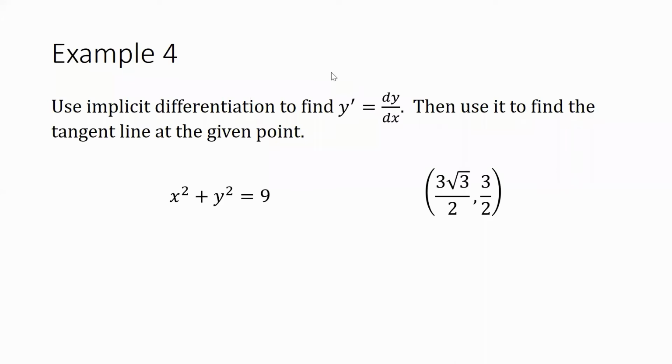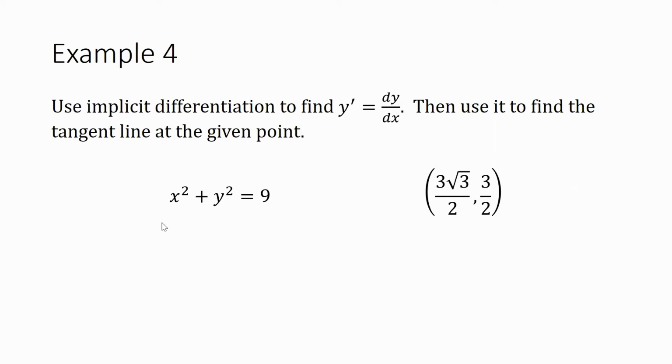In the previous videos, we used implicit differentiation to find the y prime, that is the change in y over the change in x. So the instantaneous rate of change. Well, in the next couple of problems, we're going to use the derivative to find the tangent line at a given point.